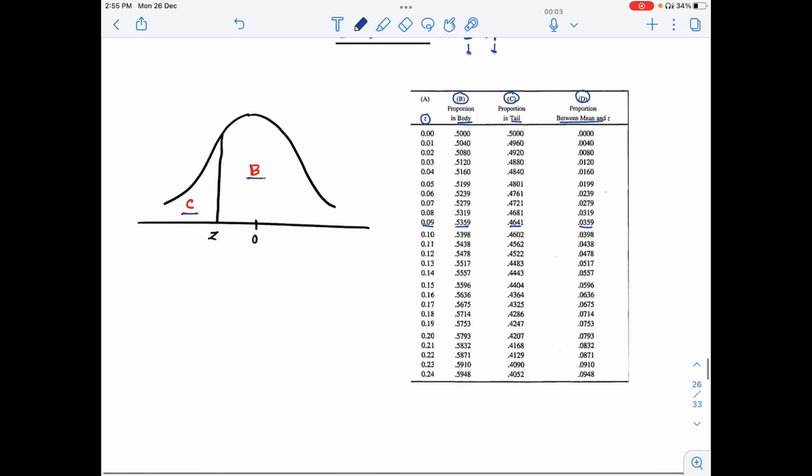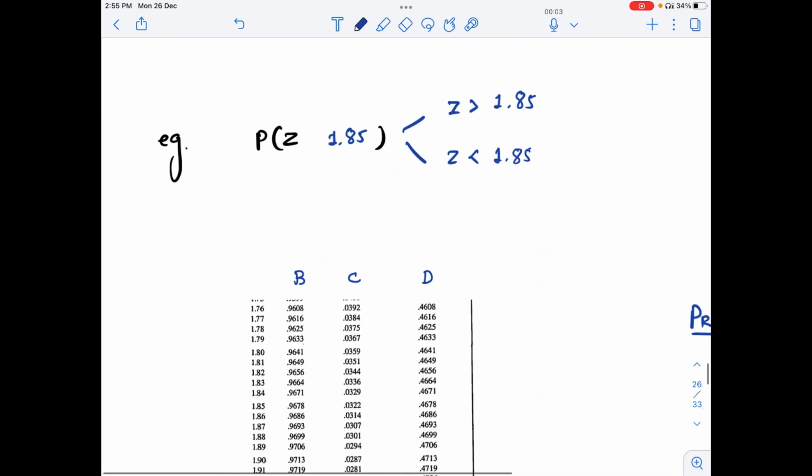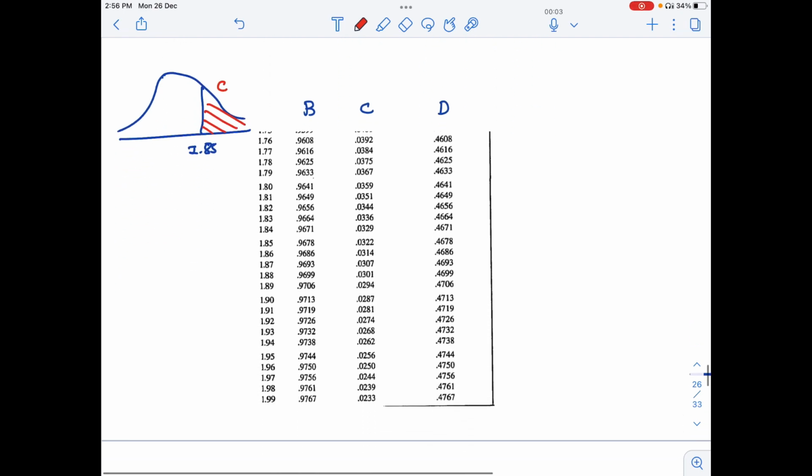So let's take an example and understand this. Let's say you have a normal distribution curve, and you are given a z value of 1.85. Now you want to identify the probability that a particular value will lie in this C area. For that you first locate the z value of 1.85.